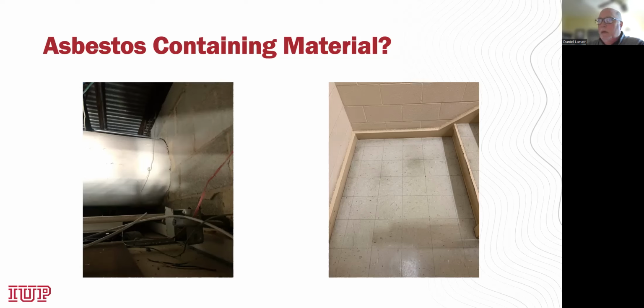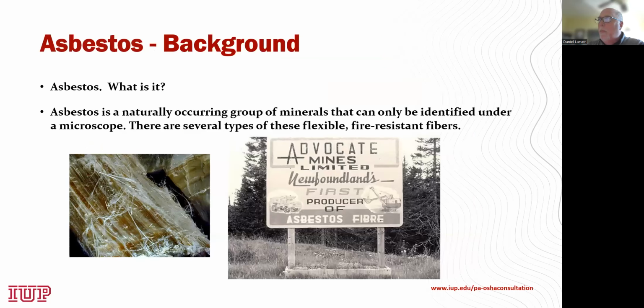And could that be asbestos? What are my obligations? Should I tell people? Just many questions. So the goal today is to help you understand this is what asbestos is. These are some of the best practices maybe that you could have. And also what are some obligations you have as an employer?